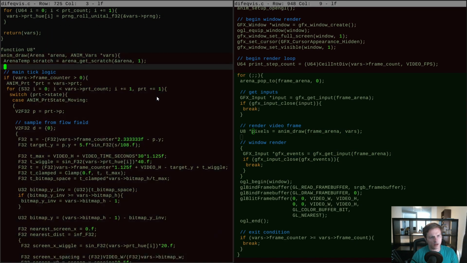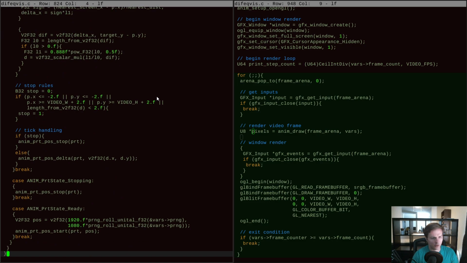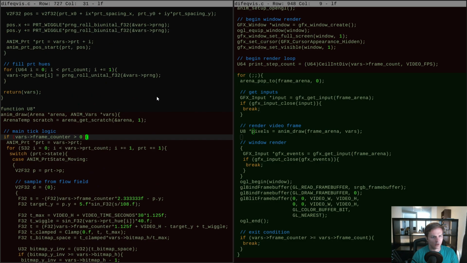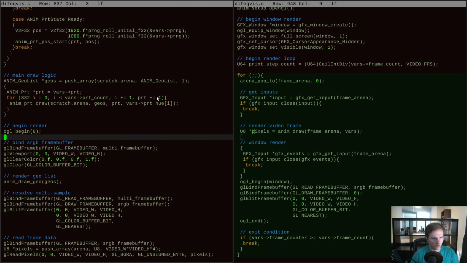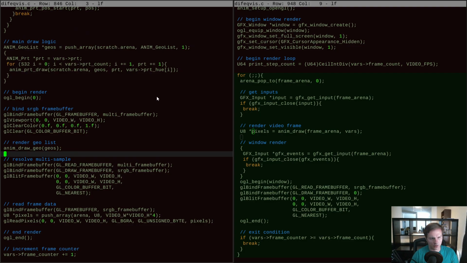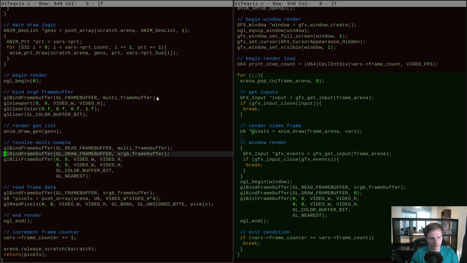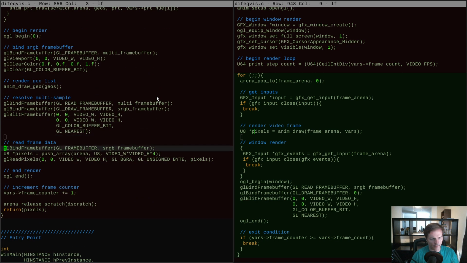It's usually set up to do this trick where we do the render, we resolve that down to the sRGB frame buffer, then it wants to read the pixels.